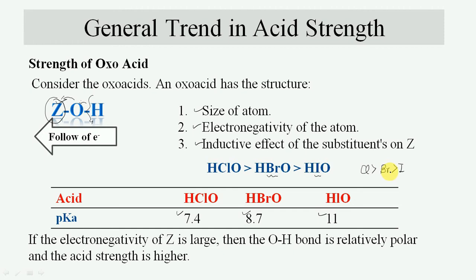As a result, the tendency to pull the electron from hydrogen also decreases. Consequently, we can say that this oxoacid with chlorine will have the maximum acidic strength, while the one with iodine has the least acidic strength.